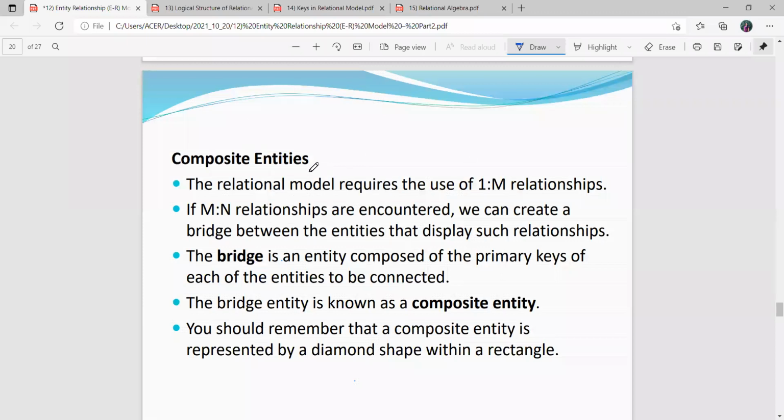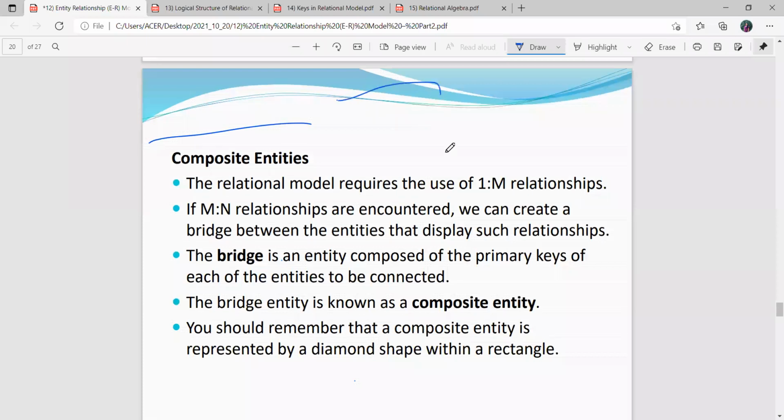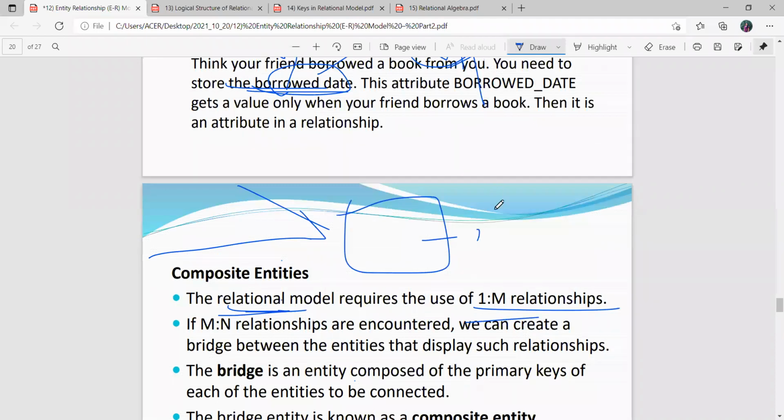When we consider the composite entities, the relational model, when we consider this ER diagram, they require that under the relational model, we use 1-to-M relationships in an ER diagram. In an ER diagram, we mostly use 1-to-1 and 1-to-many relationships.